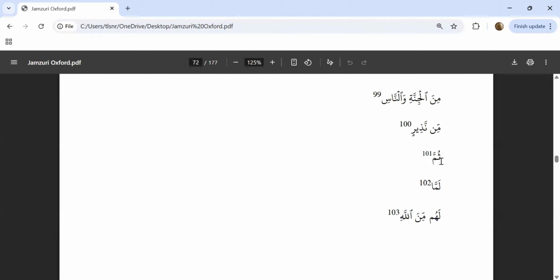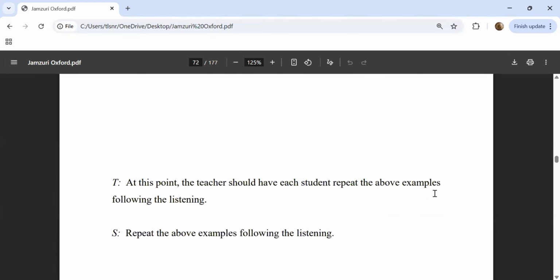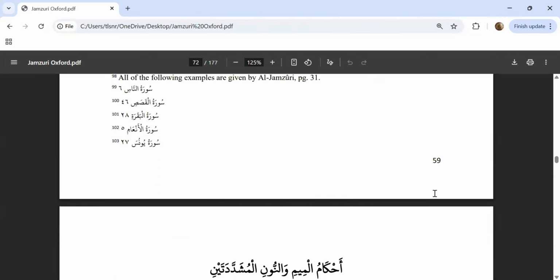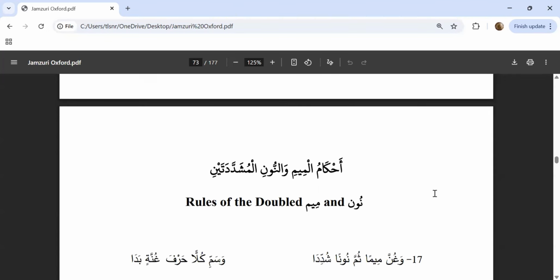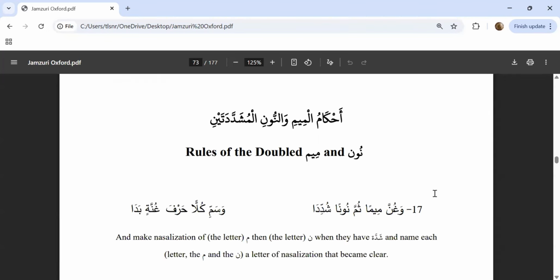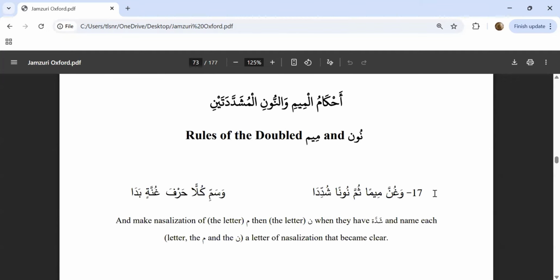Min nadhir, thumma lamma lahum min Allah. And if you have students, have them read out these examples so you can ensure that they are achieving the ghunna.